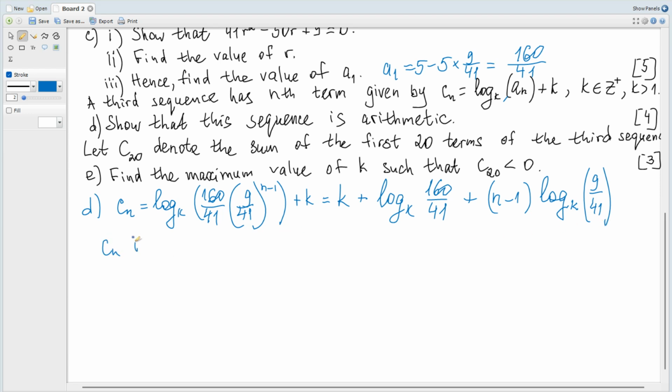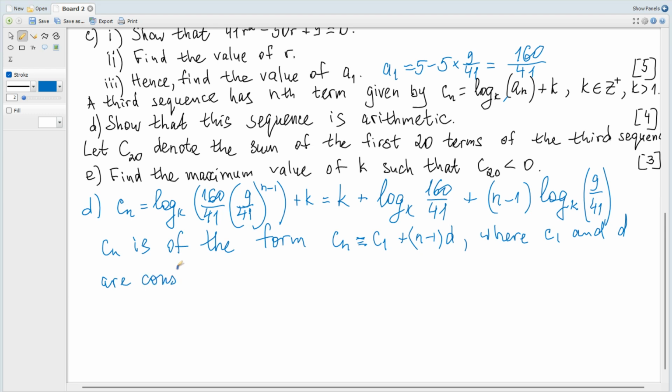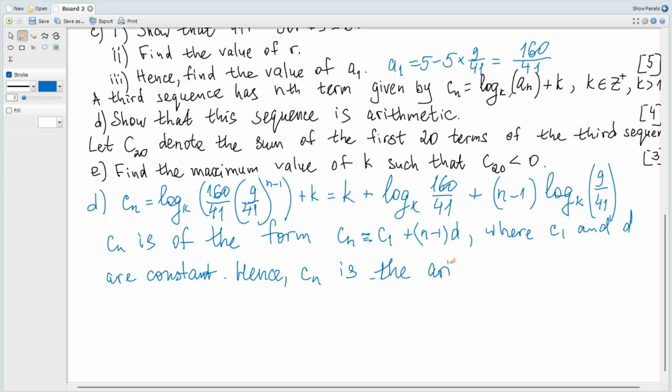So Cn is of the form Cn is C1 plus n minus 1 d, where C1 and d are constant, hence Cn is the arithmetic sequence.